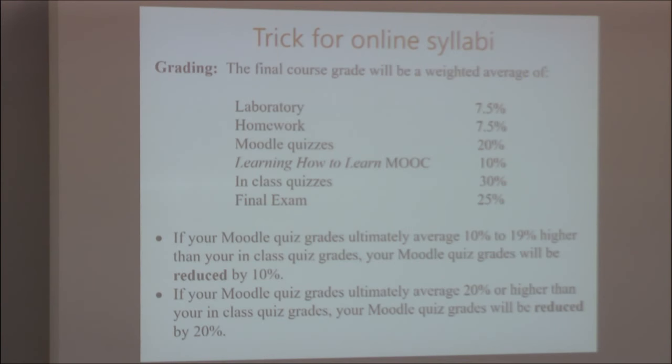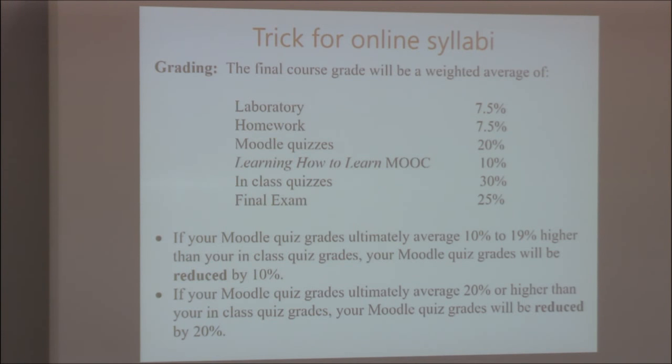Sorry. So here's your trick. Here's the trick for what you do when you have online quizzes and in-person quizzes. What I do is, well, I've got a better trick than this.